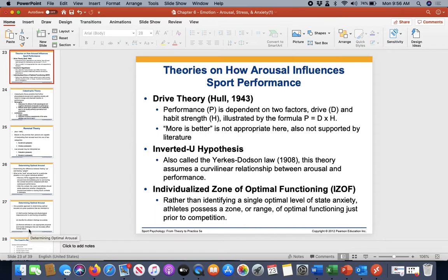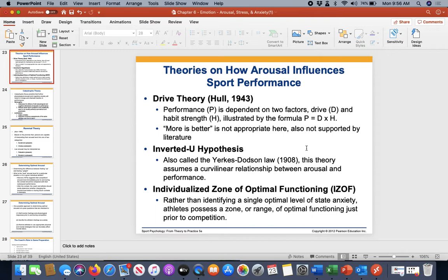There's also something called an inverted U, which basically means that if you take the U and you flip it upside down, it's going to be the other way. So basically you have almost like a rainbow. The two ends are the lowest points that you could have.